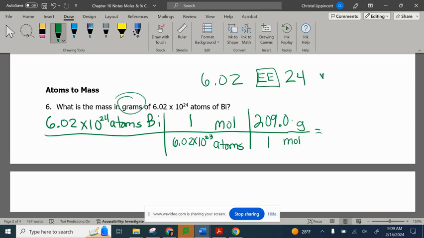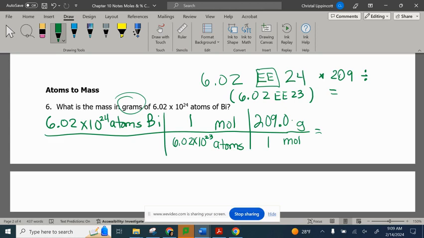You're going to multiply that by the 209. You're going to hit the divide key. It's a good practice after you hit that divide key to hit a parentheses. Although if you hit the EE key, it's not going to matter on this one. But EE23, end parentheses, and hit your equals.